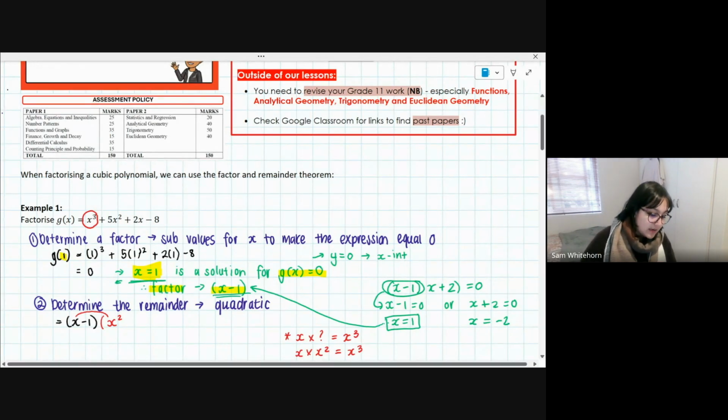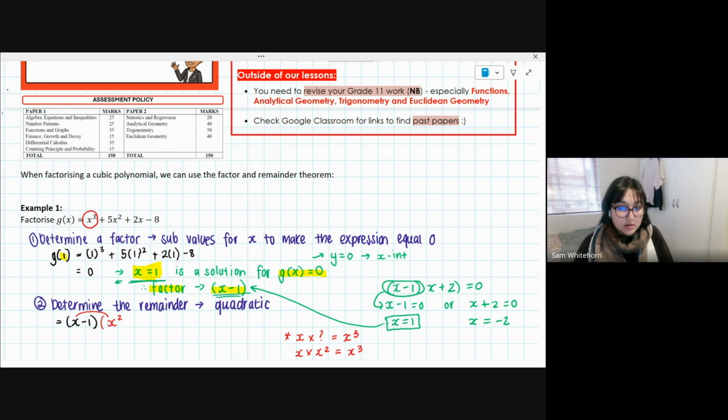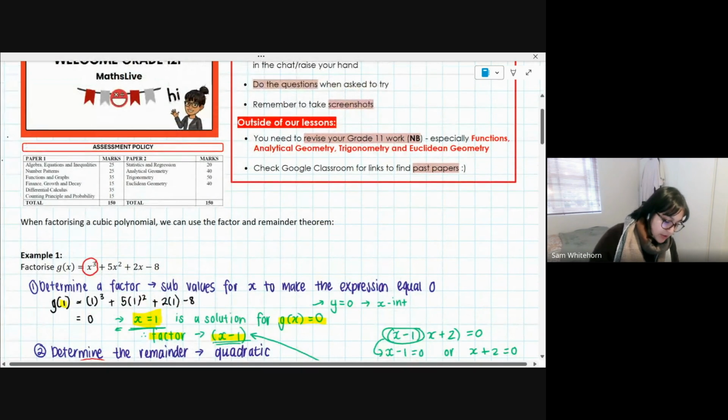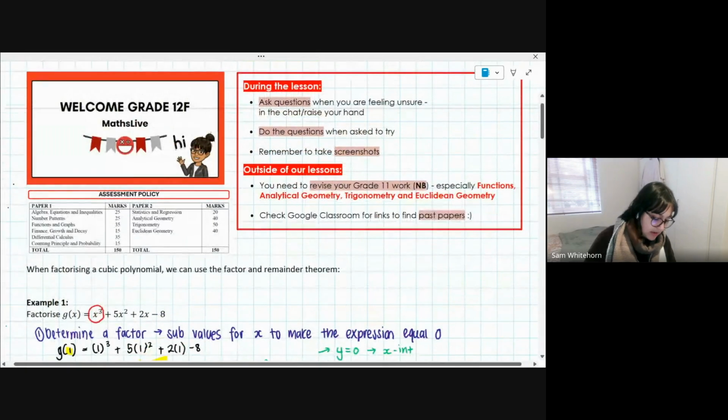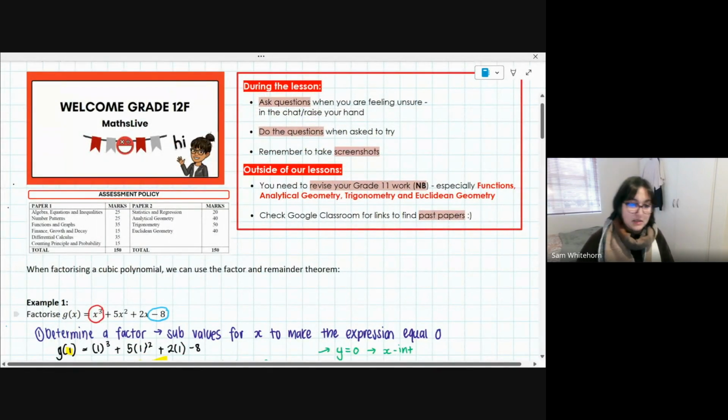The second thing I now look at is the constant term. You don't have to do it in this order, but it's going to be the easiest way for you to do it. So now I go to my constant term. My constant term of my original cubic was -8.